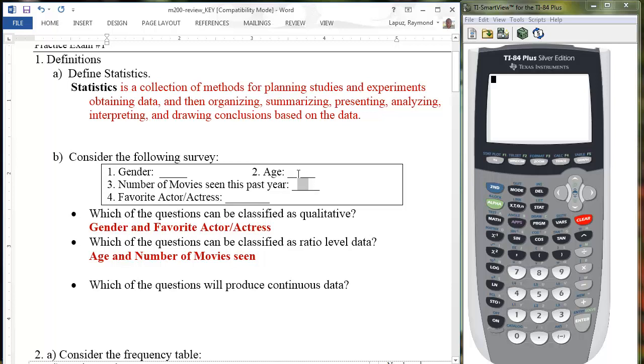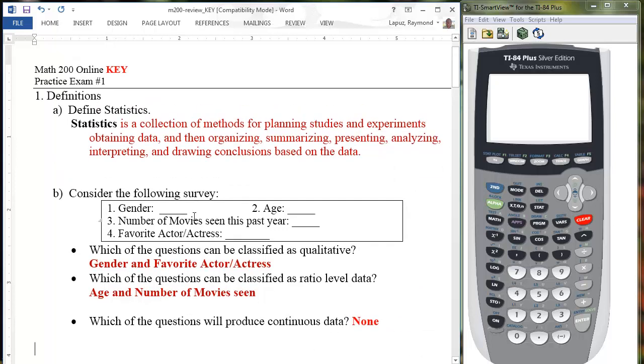We don't generally say that I'm 35 and a half years old, or that I've seen 3 1/4 movies this past year. So based on that, I would say that there are no examples of continuous data for this particular survey. Alright, so that's problem number 1.